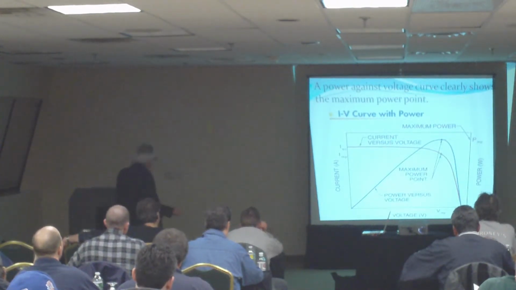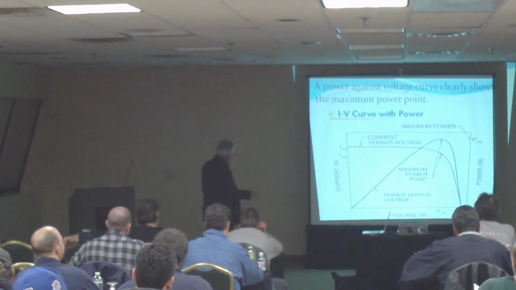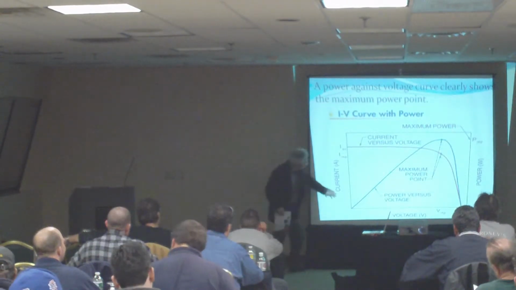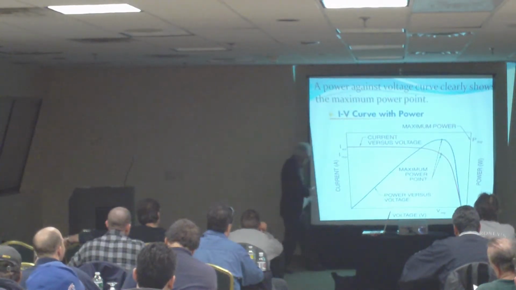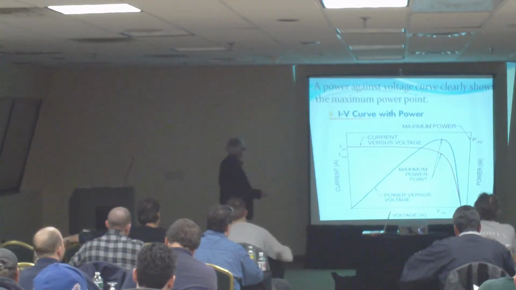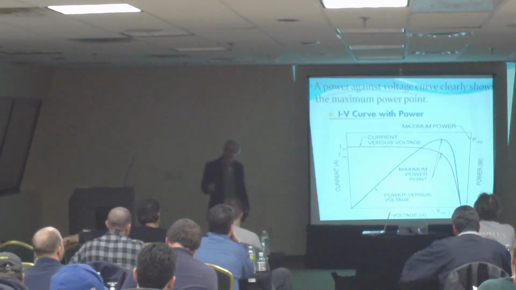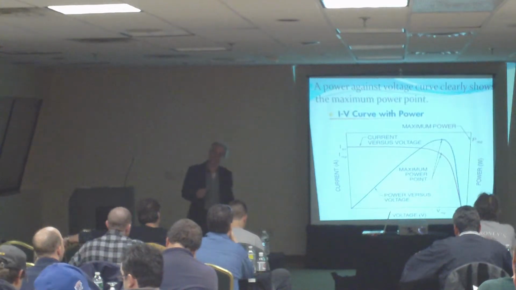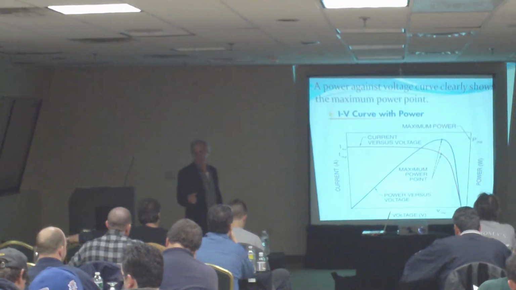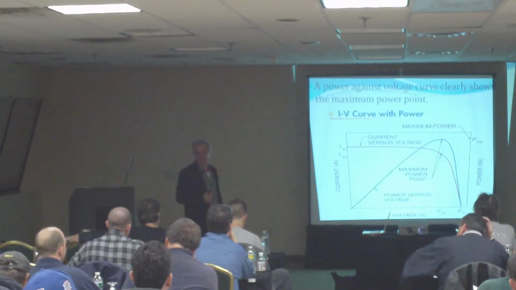So if we plot this current, which increases here, versus the voltage increasing here, we reach a point that we call the maximum power point. And that's the point usually that we would like to have the module operating.